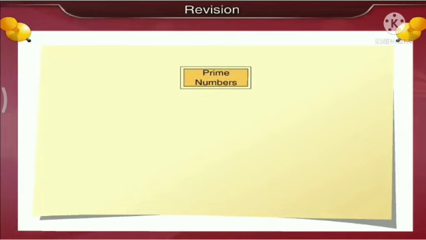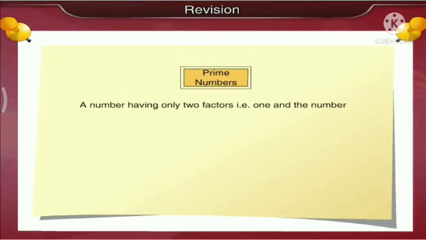A prime number is a number which is divisible by 1 and the number itself. A number having only two factors, that is 1 and the number itself, is called a prime number.